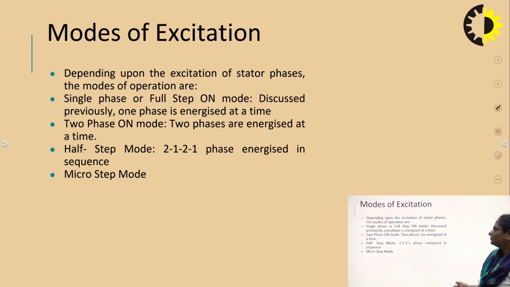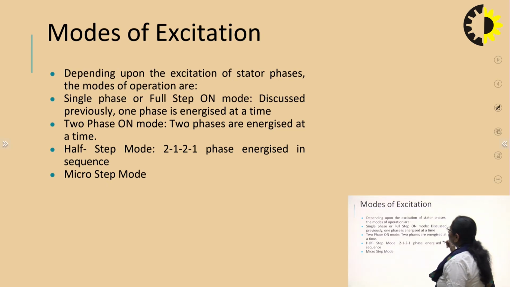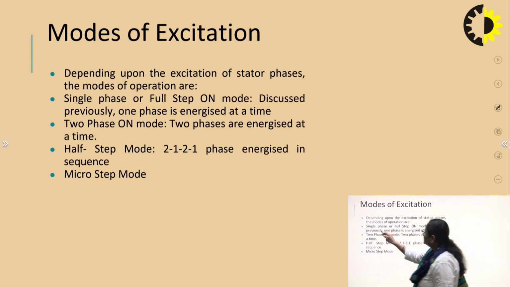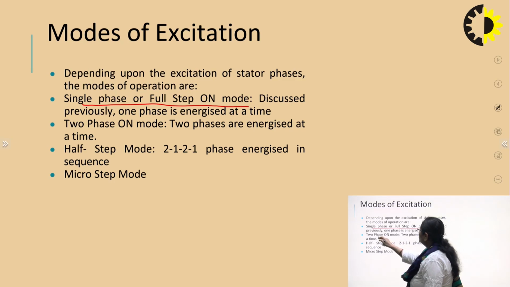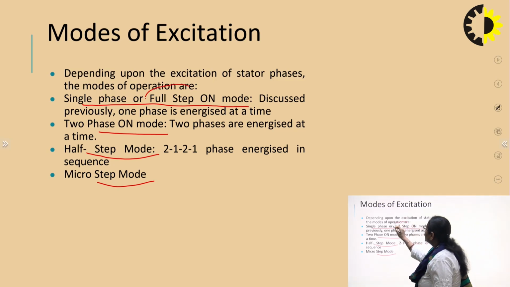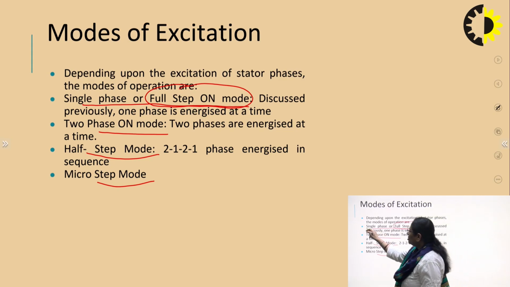So, the various modes of excitation for operation of variable reluctance stepper motor are single phase or full step on mode, 2-phase on mode, half step on mode, and micro step mode. So these are the 4 modes of exciting the stator windings of the variable reluctance stepper motor. What we discussed earlier was actually the full step on mode or the single phase on mode.